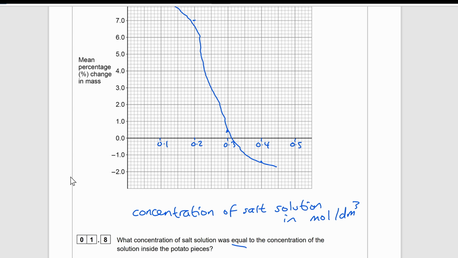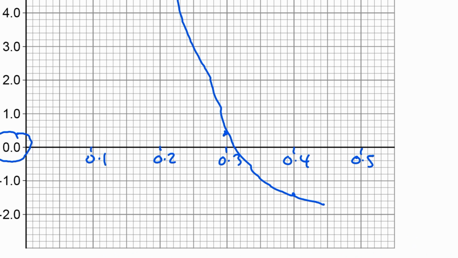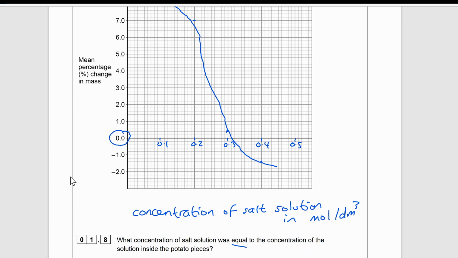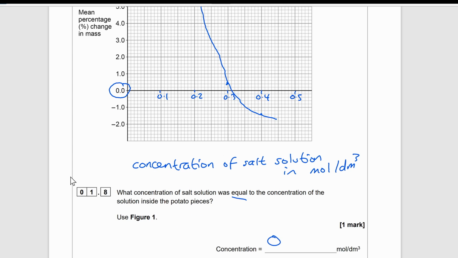So that would be causing no change in mass. So we would need to find where does our line hit the x-axis at 0.0. Looking carefully, it should be around 0.31 or 32 from our curve here, and that should be our answer.